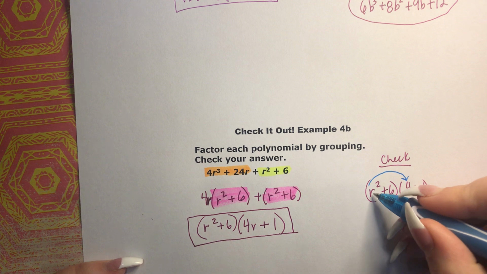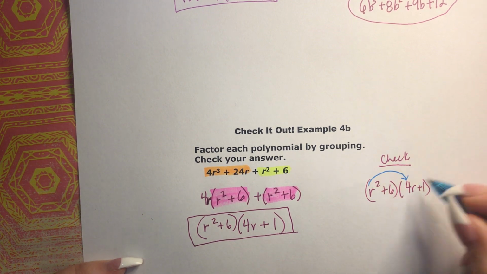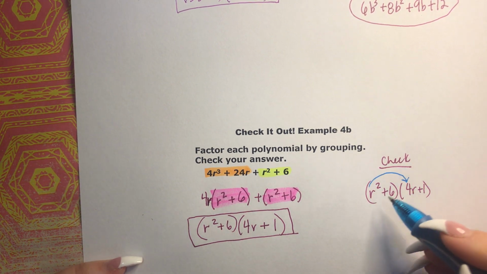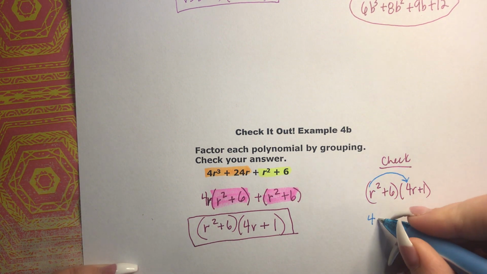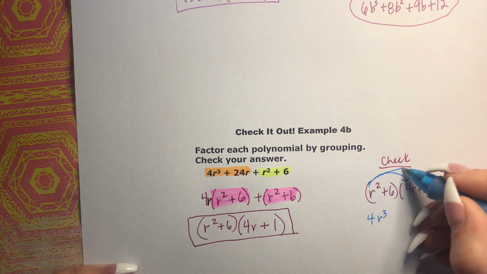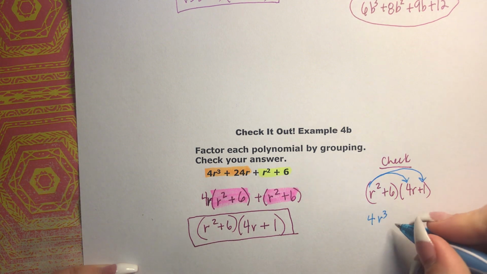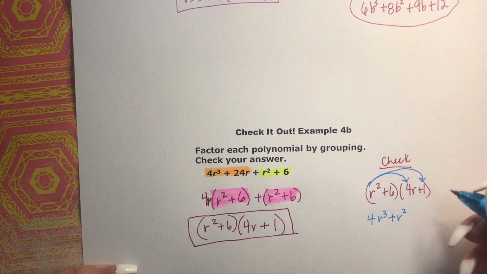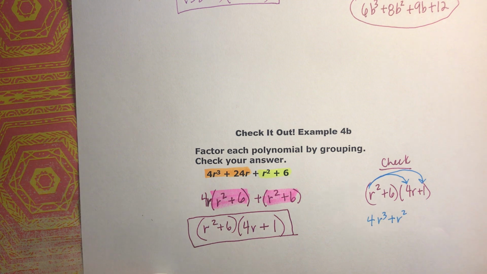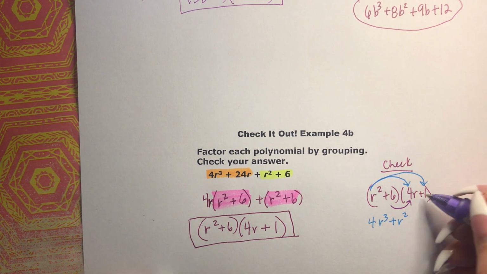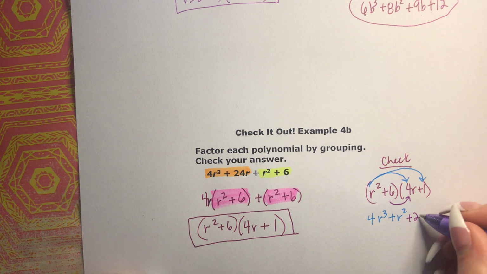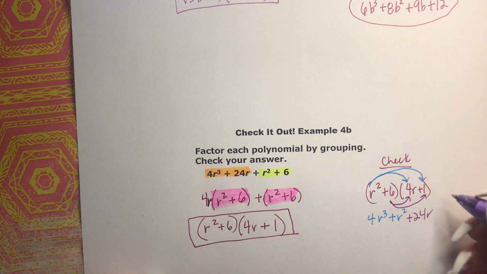FOIL, or the distributive property, 2 times. r squared times 4r, we're going to have 4 r squared times r is r cubed. Then we're going to distribute here. r squared times 1 is just r squared. And then we're going to do the bottom. 6 times 4r is positive 24r. And then 6 times 1 is a positive 6.